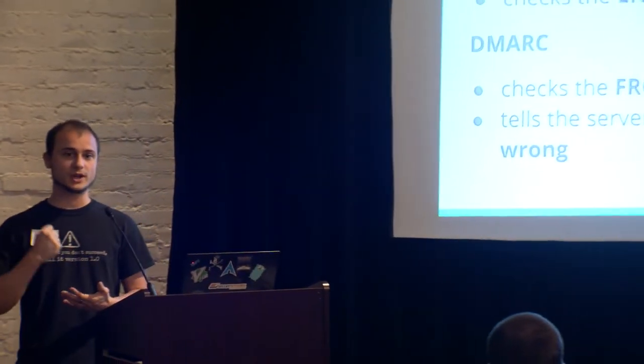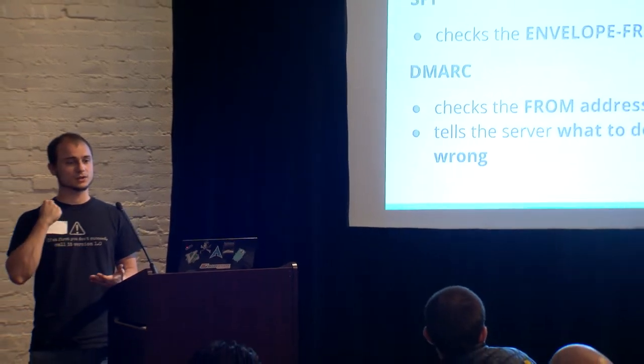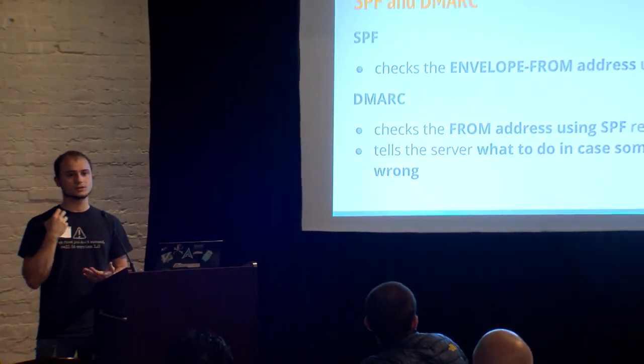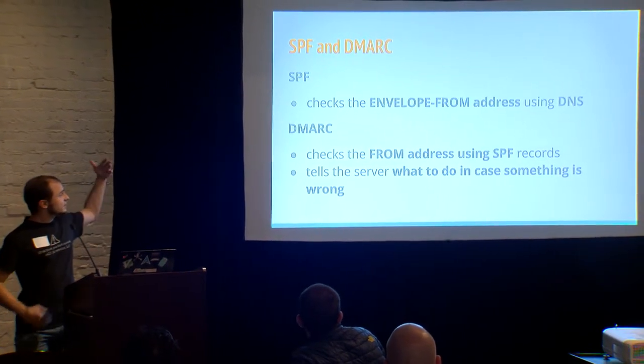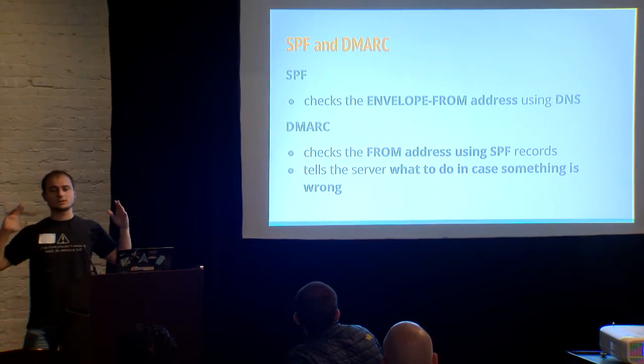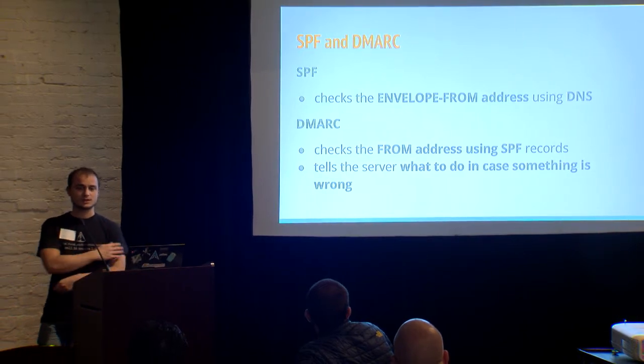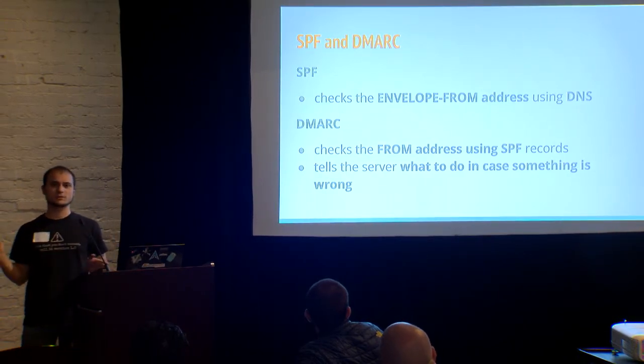When a mail is received by a mail server, it checks the DNS record to see whether the mail is genuine or not. So SPF is basically just an entry saying whatever comes from this IP address is intended to send email for this domain.